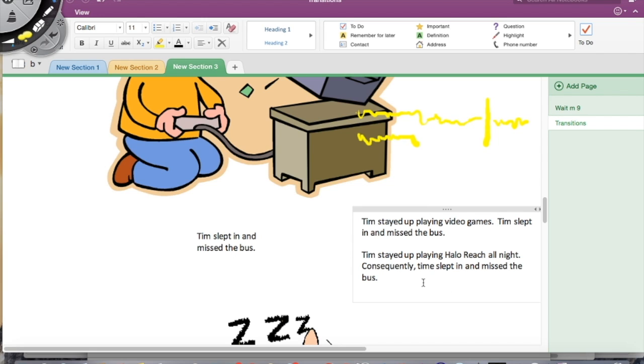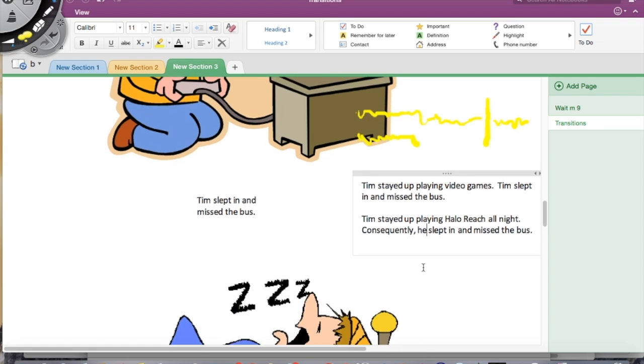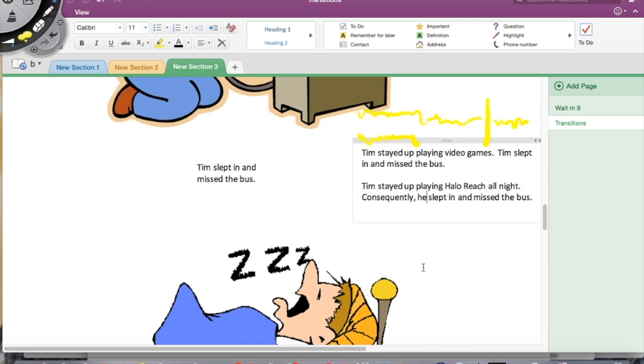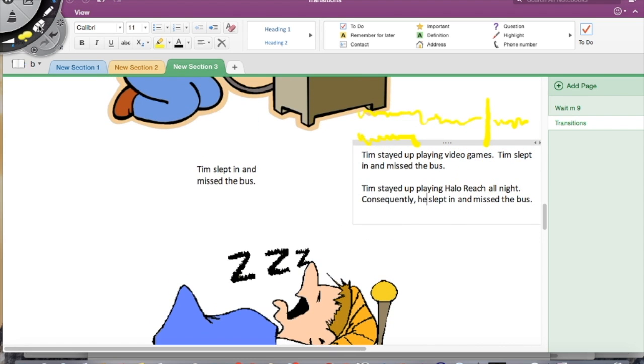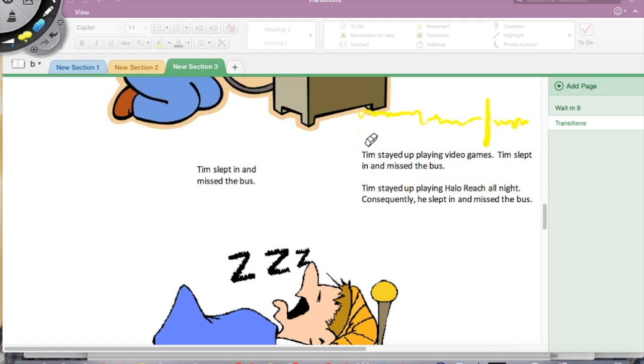The next one's a little better. Tim stayed up playing Halo Reach all night. Consequently, he slept in. I would like to use this instead of Tim again, it's a little redundant. He slept in and missed the bus. Perfect. That makes a lot of sense. I think you might agree with me on that, because I think it sounds a lot cleaner. If you do, come talk to me.